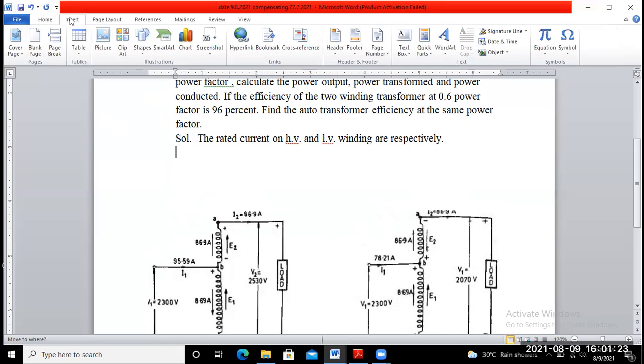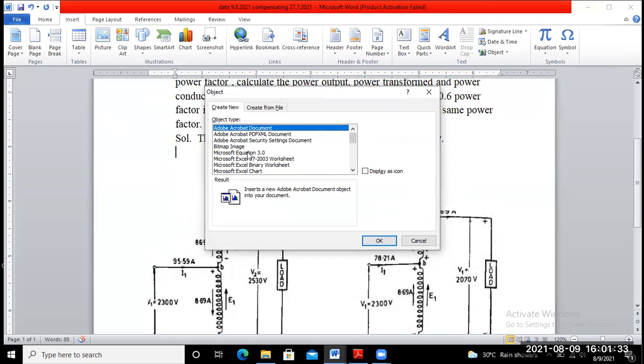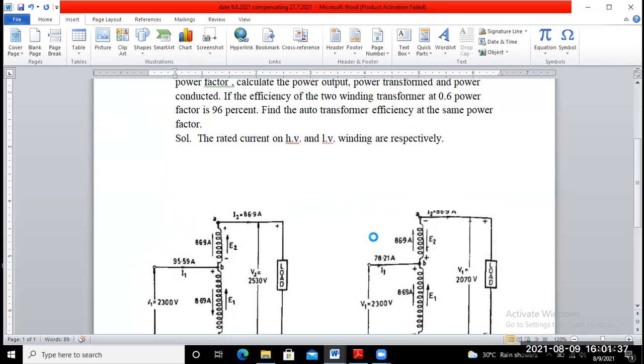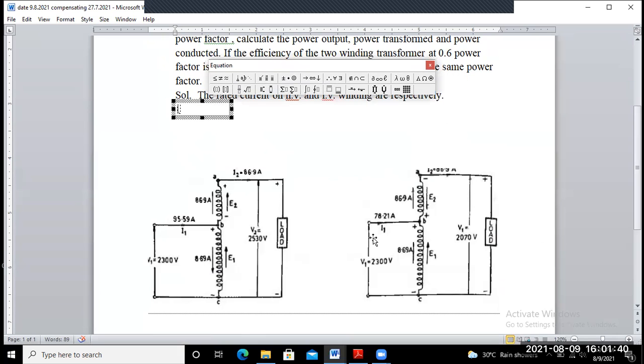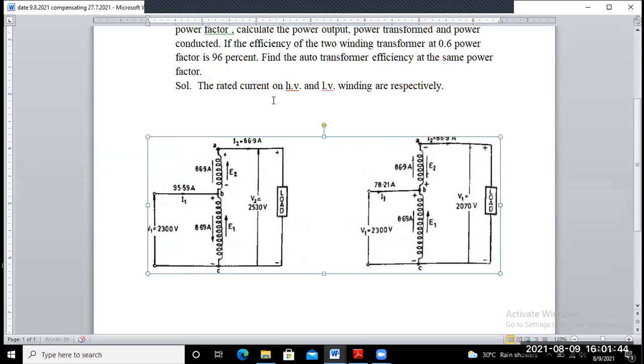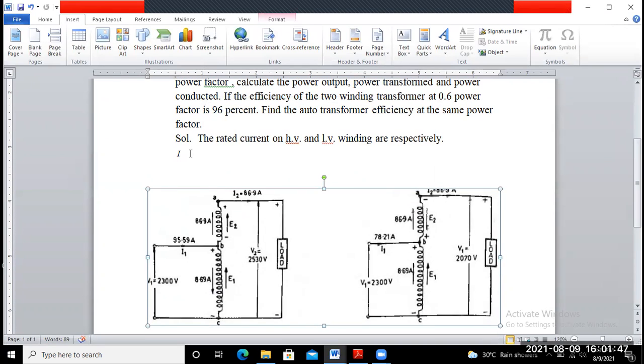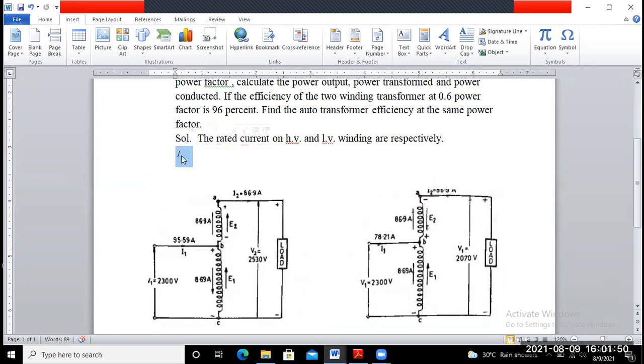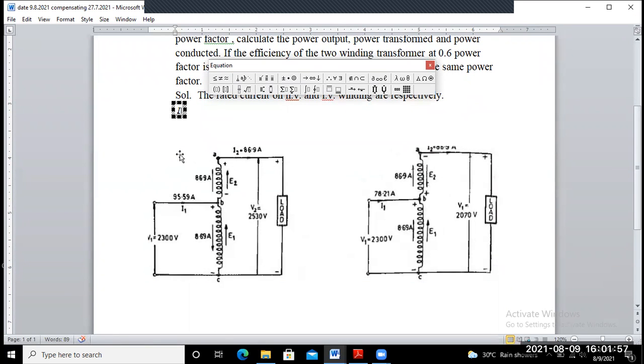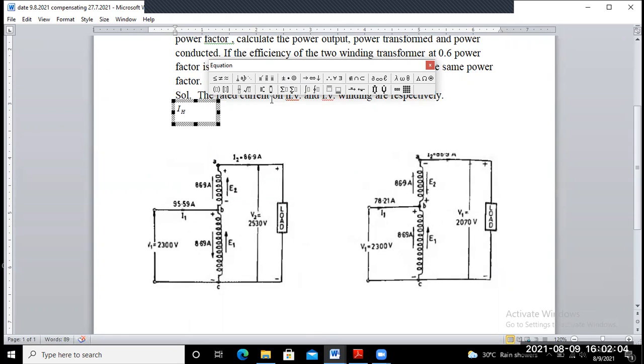So HV side current is represented by I suffix H. I_H equal to KVA rating divided by high voltage side voltage rating.